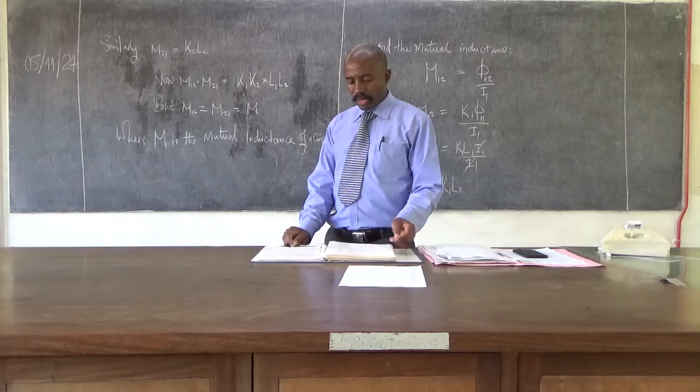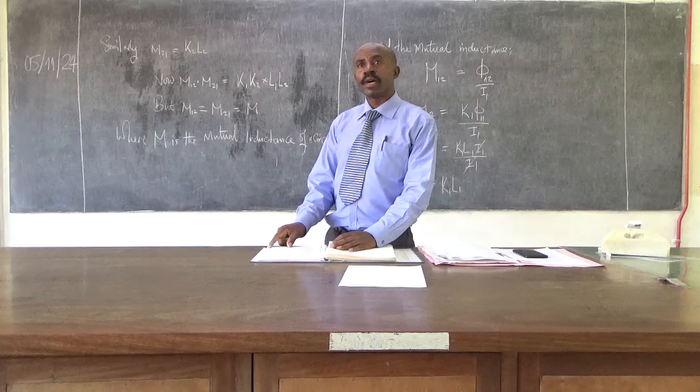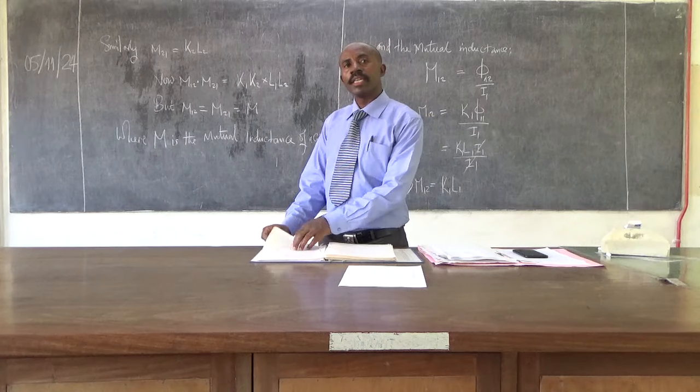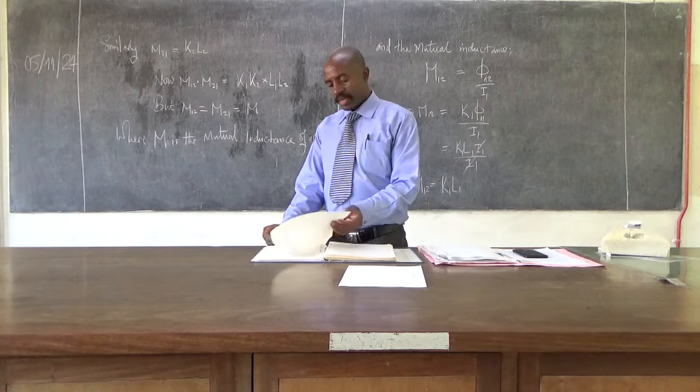So that means M12 times M21 would be M times M, which will be M squared.